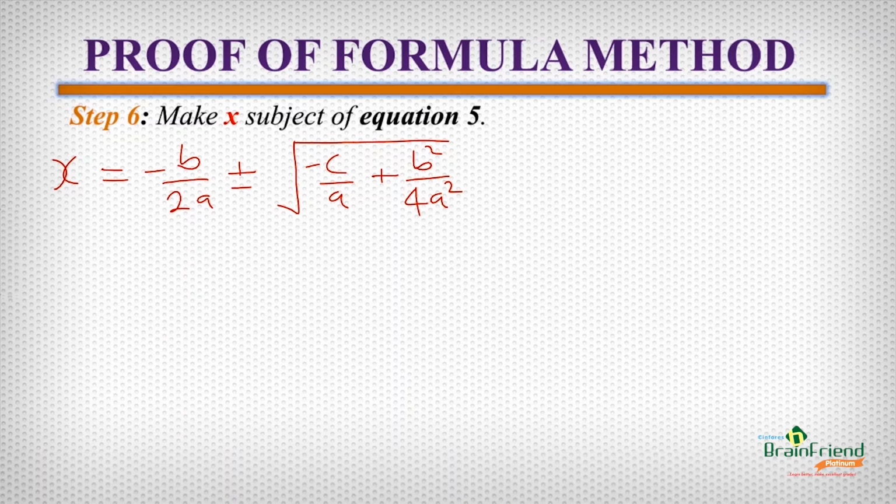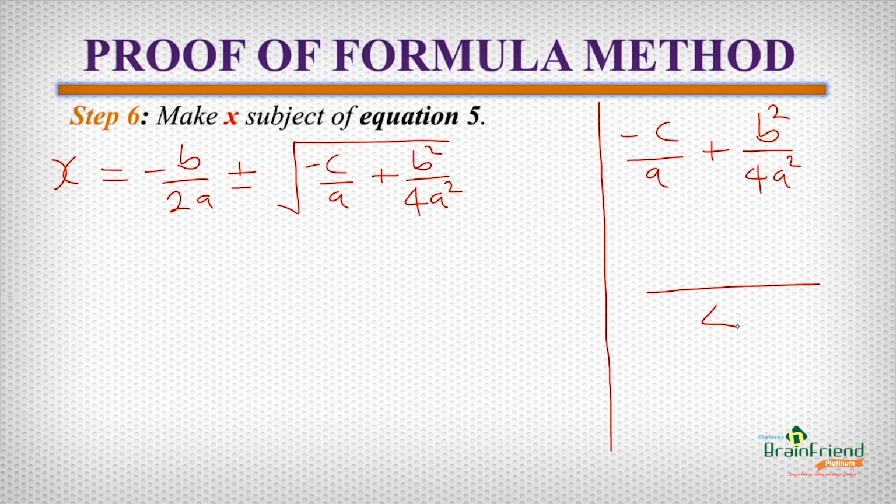So when we take the LCM of what we have in the square root, let's do it outside, then we'll put it back in there. What we'll have is minus c over a plus b squared over 4a squared, and they have their LCM as 4a squared, right?